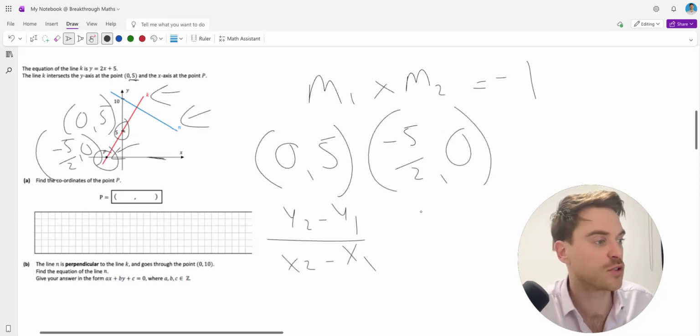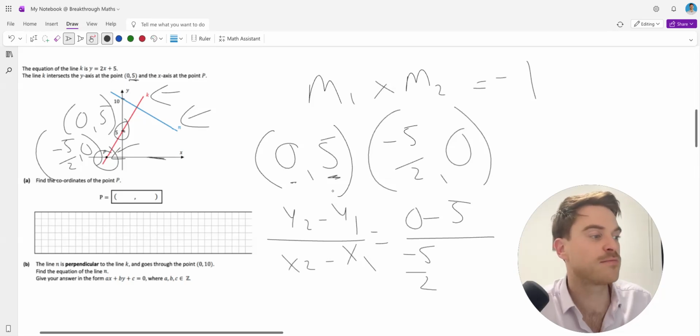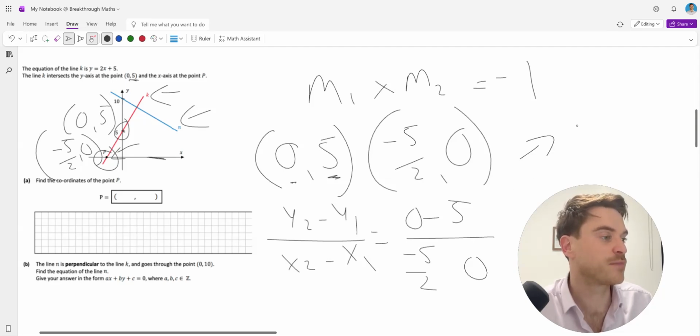y2 minus y1. So which is y2 here? This is y2, so 0 minus 5, which is minus 5, all over x2 minus x1. x2 is minus 5 over 2, and x1 is 0. So if you put all this together, it ends up being minus 5 over minus 5 over 2.